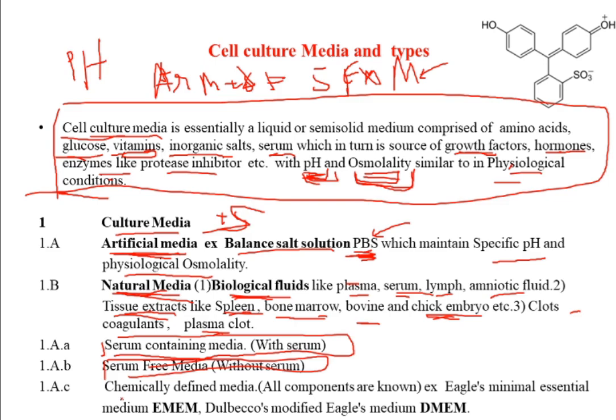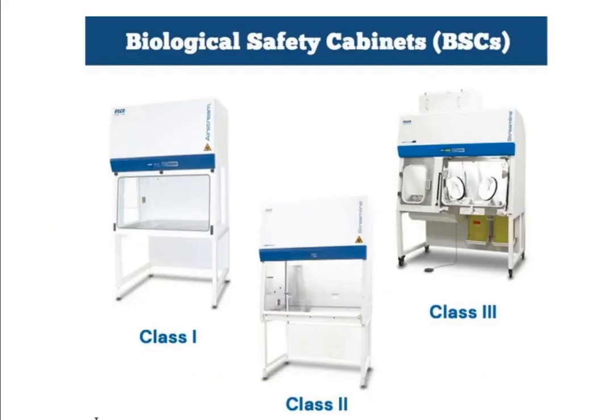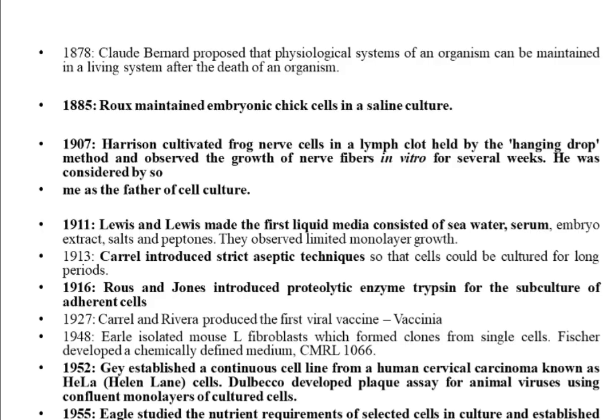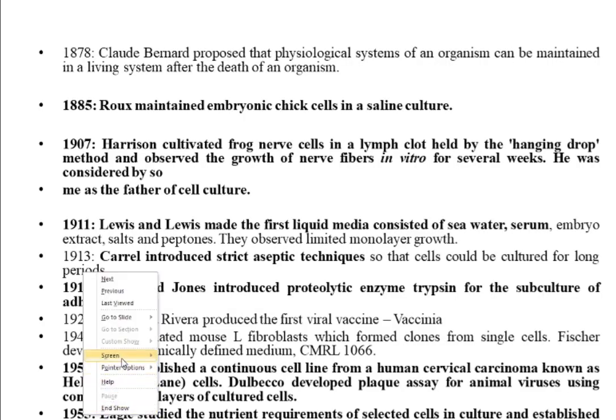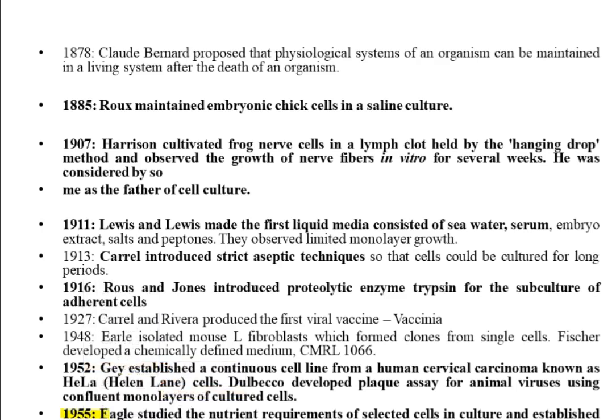Now, in the course of time, the specialized research is done. Like I said, I have shown you this in the important developments. So here you can see 1955. What Eagle did, Eagle is the name of a scientist.